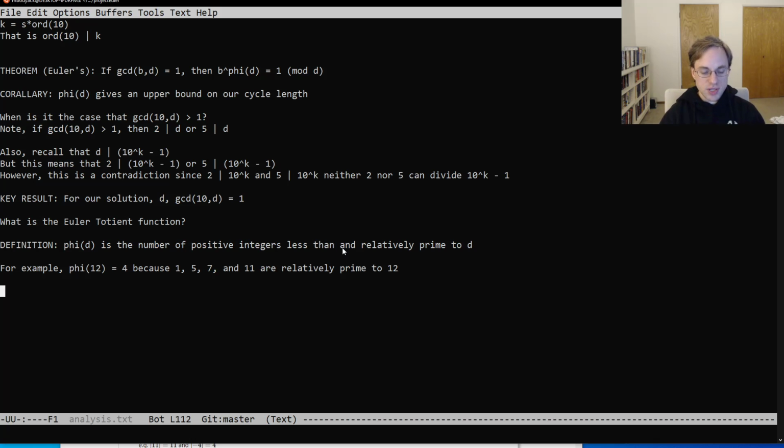Now, fortunately, we don't actually have to determine this list in order to calculate phi. Otherwise, it would be a much less useful function if we actually had to find these integers every time.